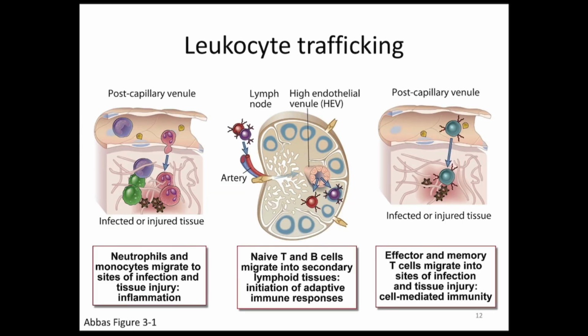But I will just point out that we're really focusing on this three-step process right now because we're going to be thinking about a naive T cell leaving the blood and coming into a lymph node or some other secondary lymphoid organ, which is the vision you see in the middle.